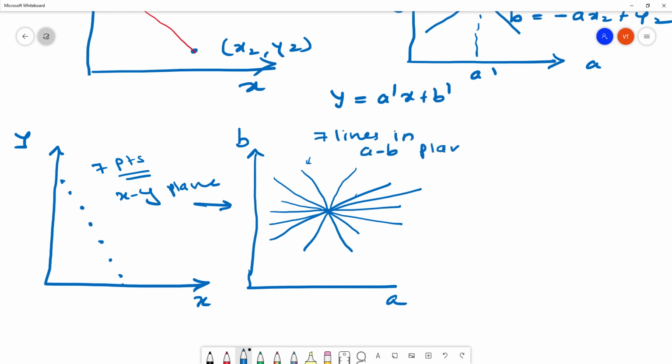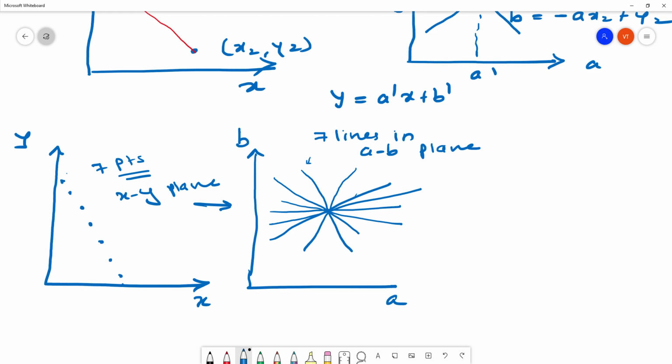Now, what we said is that if all the 7 points are collinear, then all the 7 lines in AB will intersect in one common point.